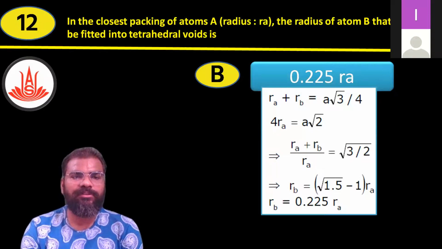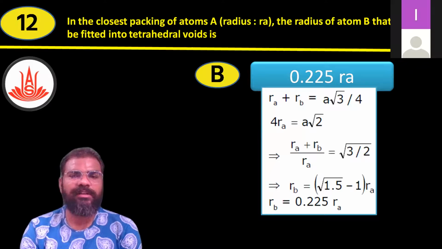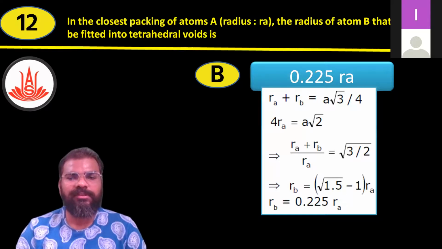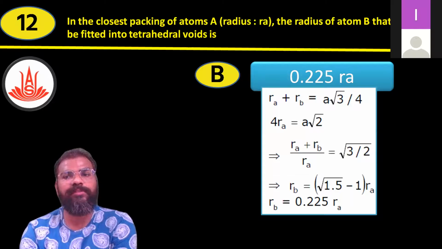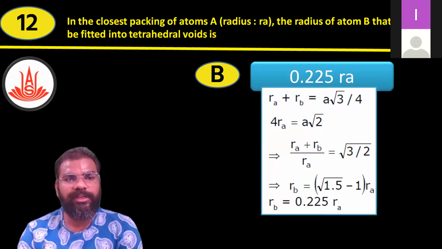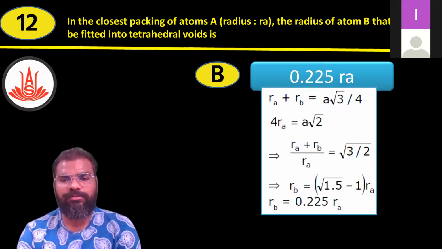See here the closest packing. There the formula is Ra plus Rb is equal to a into root 3 divided by 4. So 4Ra is equal to a into root 2.